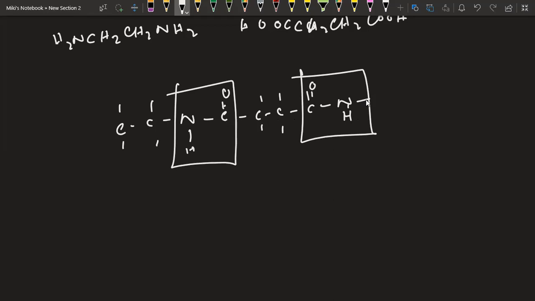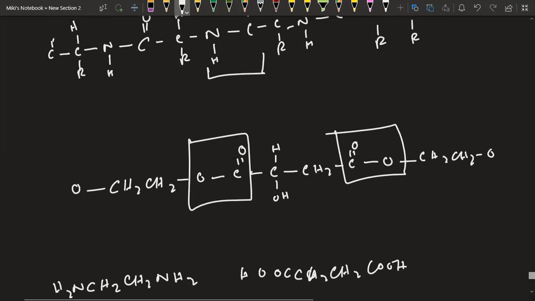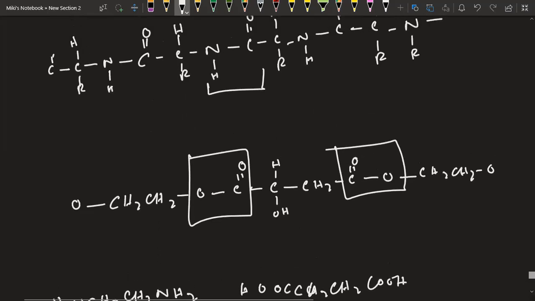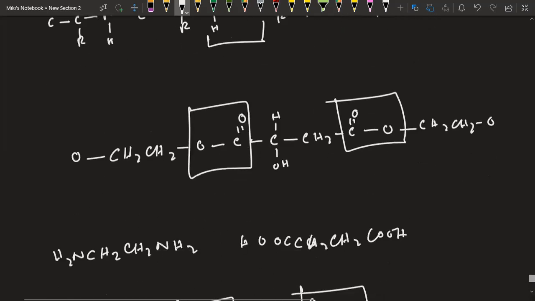Sorry, wait, copolymerism. Okay, so basically copolymerism means this is not actually homopolymerism. This is one such thing that we need to be concerned about, like the amide linkage which repeats itself. About heteropolymerism, you will be getting the copolymers.